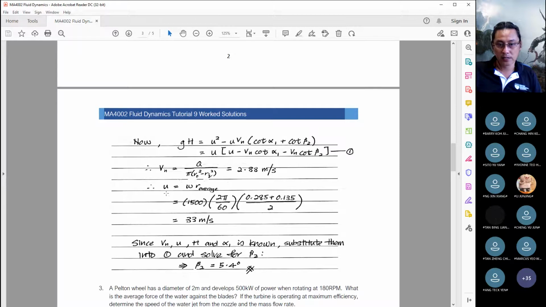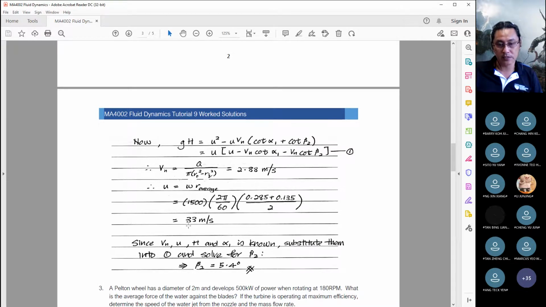In that case, I can use this relationship: U equals the average radius of the rotor multiplied by the angular velocity omega. The average radius of the rotor is Ro plus Ri, the outer radius plus the inner radius, divided by 2. Of course, these are just rough estimations. Once we find R average, we just multiply by omega. But please make sure you multiply 1500 by 2 pi divided by 60 so as to get radians per second.